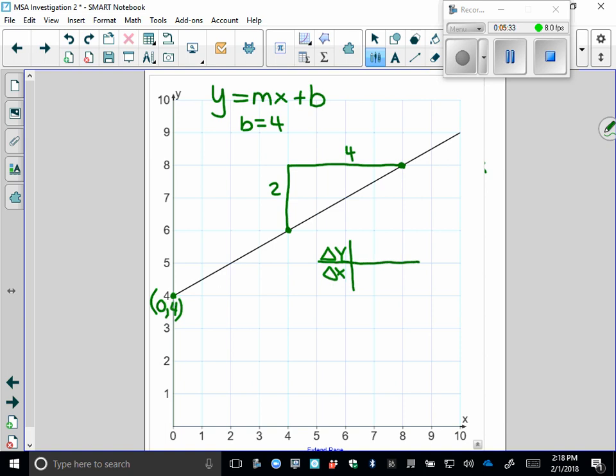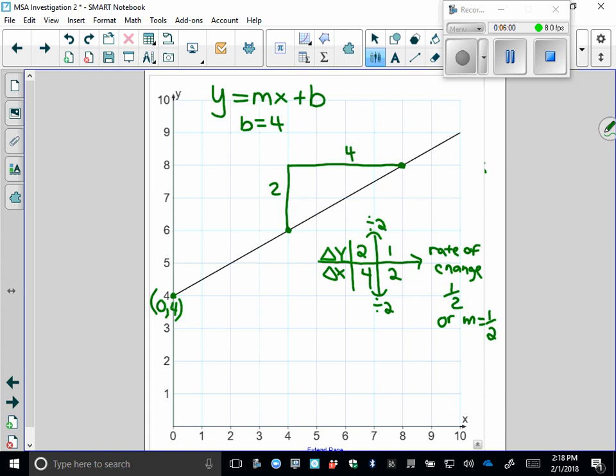The change in y is 2, and the change in x is 4. So that reduces by 2. So that's 1/2. And so we say the rate of change is just 1/2, or from now on in an algebra class, just like m is 1/2.